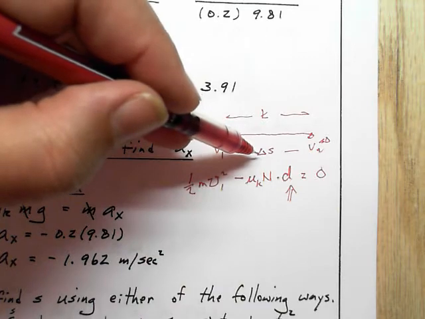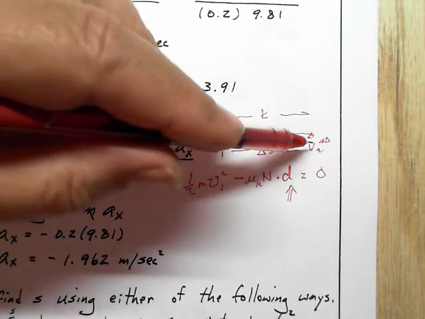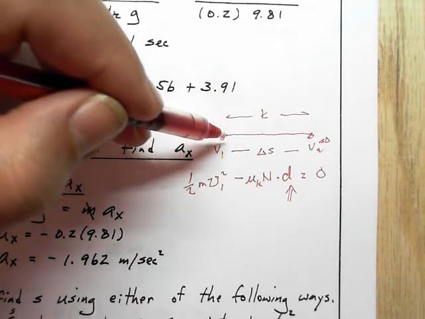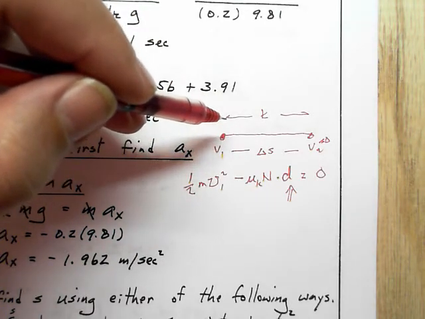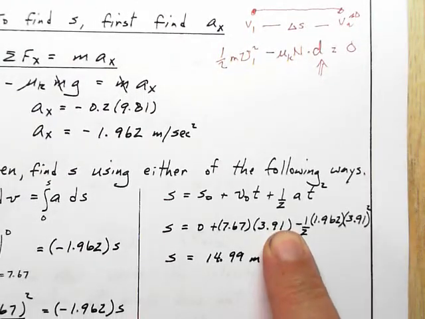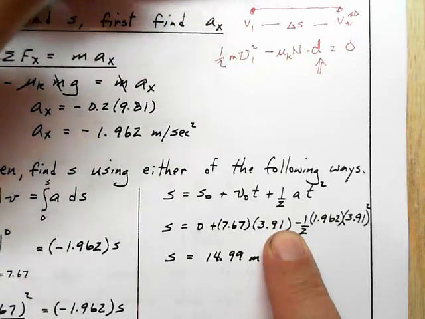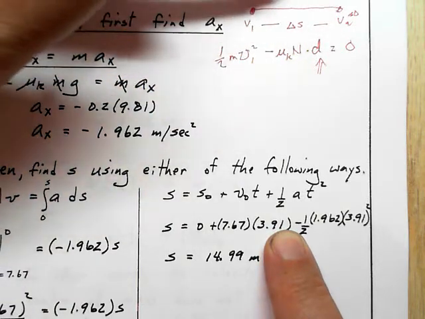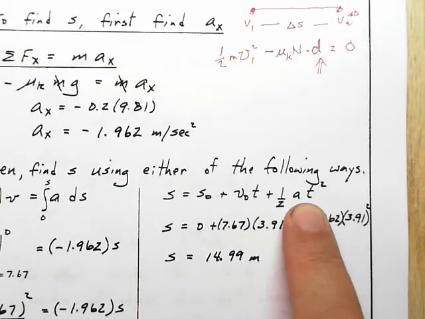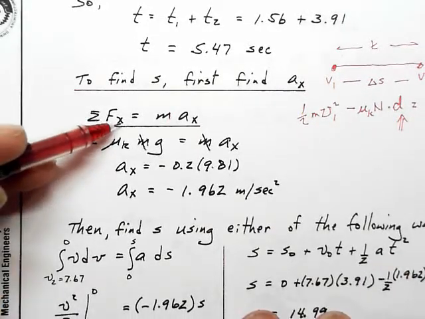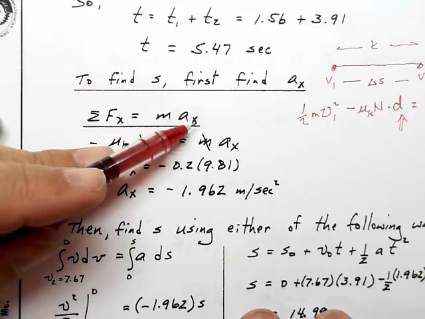Another way to solve for that distance is to notice we've got delta v's and a delta t, and we have constant force, therefore we have constant acceleration, and so we could use the constant acceleration formulas that involve finding the delta s, knowing the delta v's and the t's, but knowing the acceleration. What's the acceleration? We can get that by summing forces in the x direction, setting that equal to mass times acceleration.